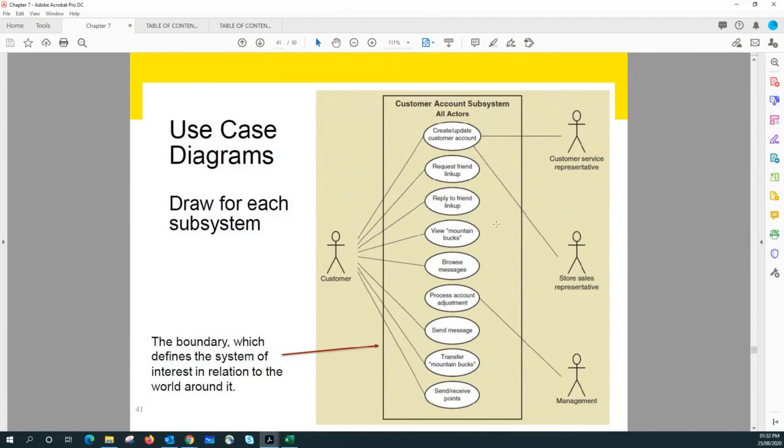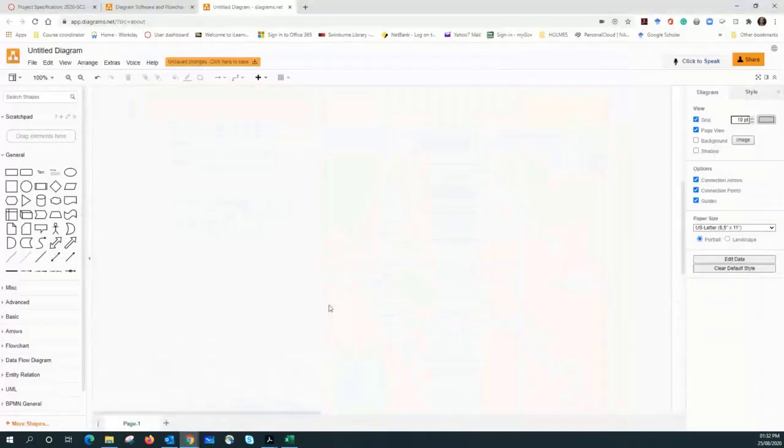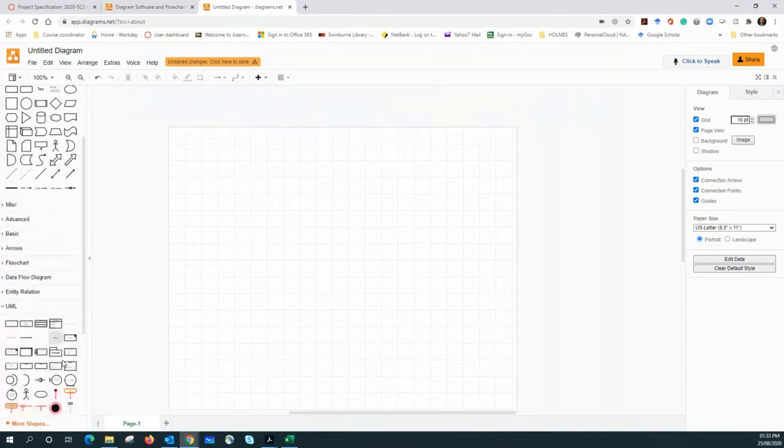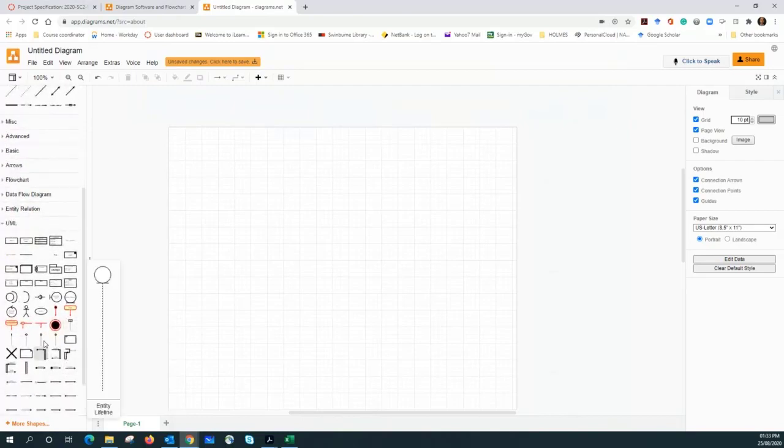And also if we have include and extend, we need a kind of dashed arrow. So let's see whether we have these symbols in diagrams here. Maybe we can go to UML here. So the UML, yep, we have the stick figure here. So we need this symbol, and we need the use case.